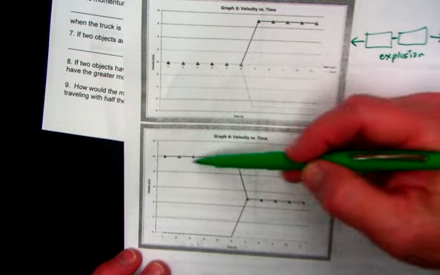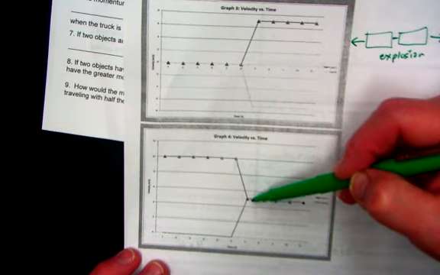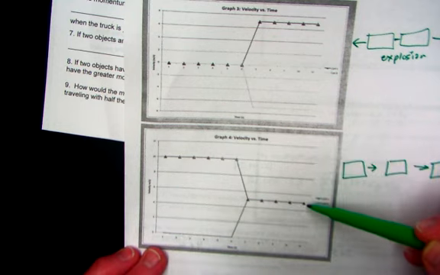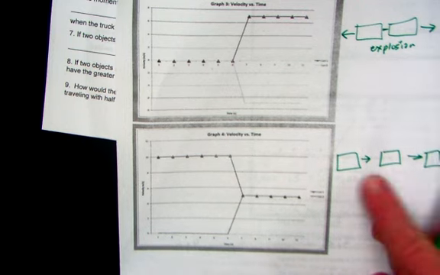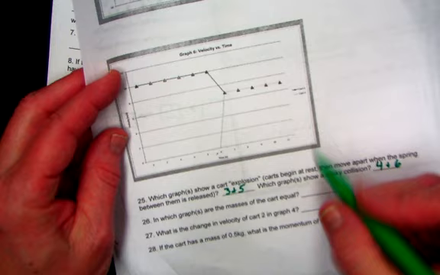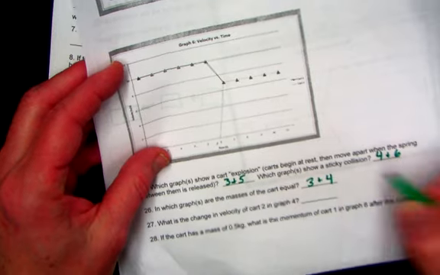Here, this guy's at 10, it shifts down and it's going 5. This one's 0, but it moves up to 5. So in both of these pictures, they're both changing the same amount. So we can assume the masses of the carts are the same. So I would say in graph 3 and 4, the carts are equal mass.